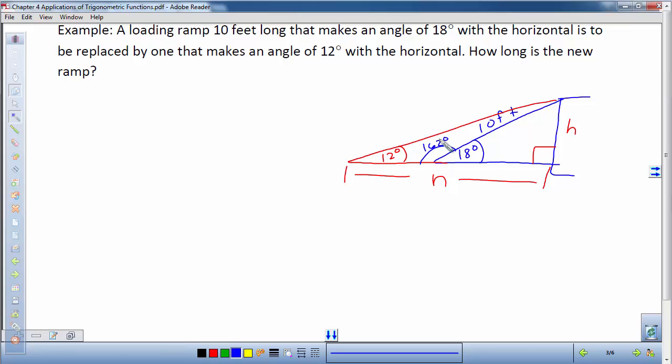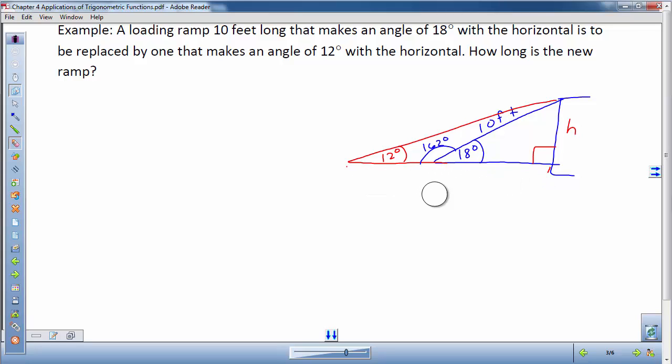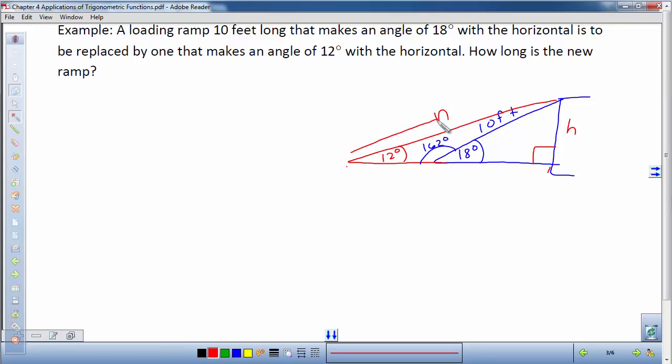And this angle is opposite this side. Actually, you know what? I made an error on my diagram. This is not the length of the ramp. The length of the ramp is right here, the new ramp. Does everybody see that?